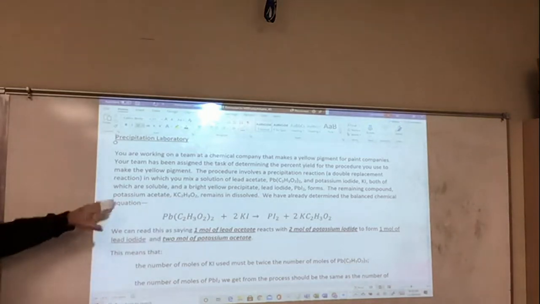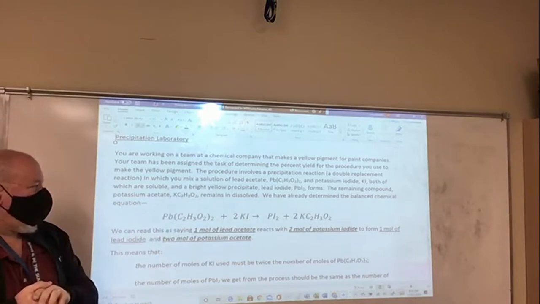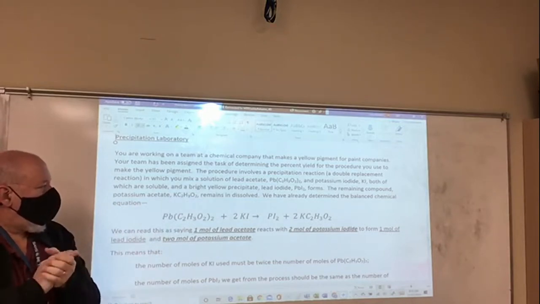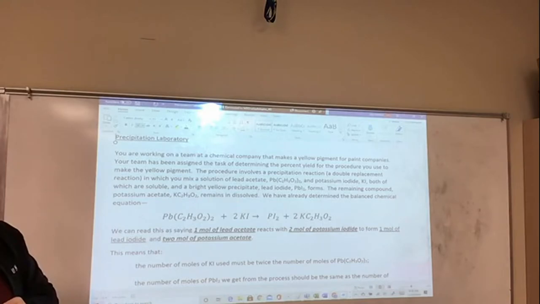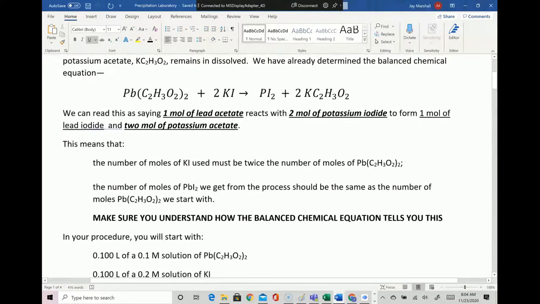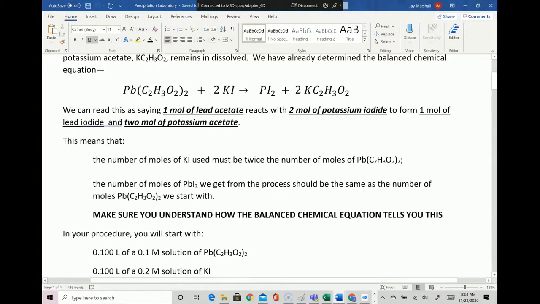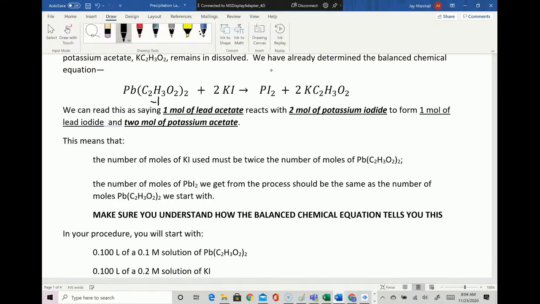So the remaining compound, potassium acetate, remains dissolved in solution. We've already determined the balanced chemical equation. I don't know if you remember it or not, but here's lead acetate. Remember, Pb is lead, and then this is a polyatomic ion called the acetate ion, and it has a -1 charge, and there are two of those, so my lead must have a 2+ charge.